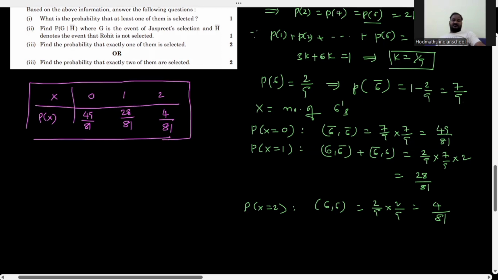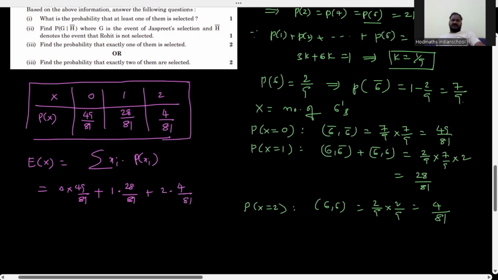And after that, you are asked to find the mean also, right? What is the formula for expectation of x, which is equal to sigma xi into probability of xi. So 0 into 49 by 81 plus 1 into 28 by 81 plus 2 into 4 divided by 81. 0 into anything equal to 0. 1 into 28 is 28. 2 4s are 8 divided by 81.